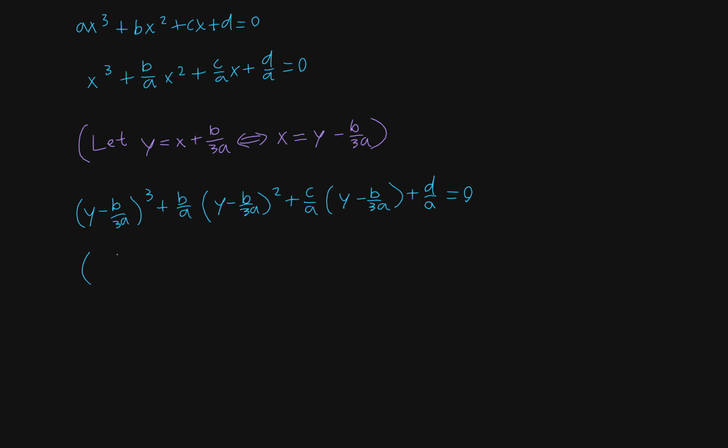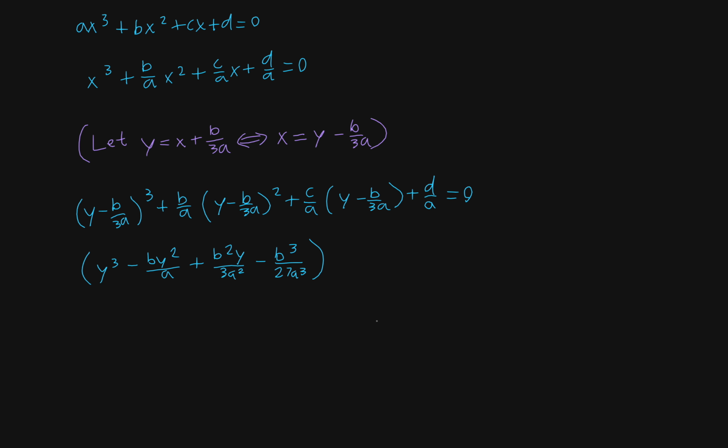We're going to have y³ − by²/a + b²y/3a² − b³/27a³. Okay, so that's this term right here.